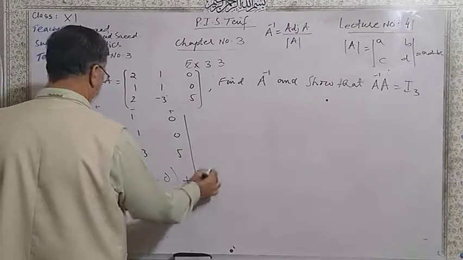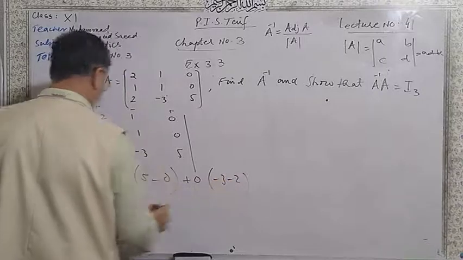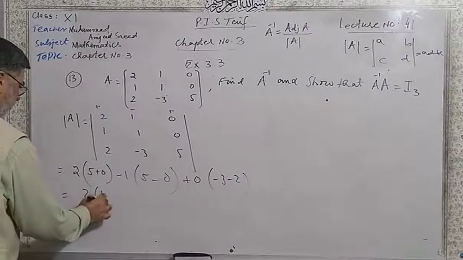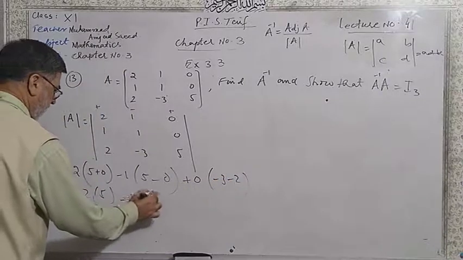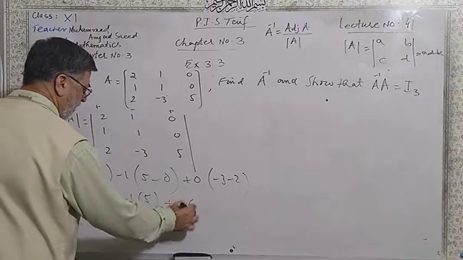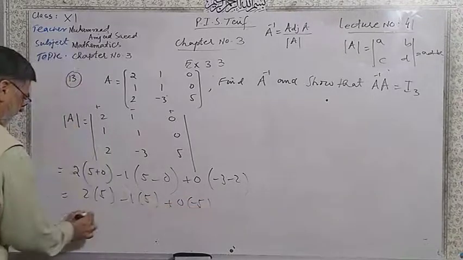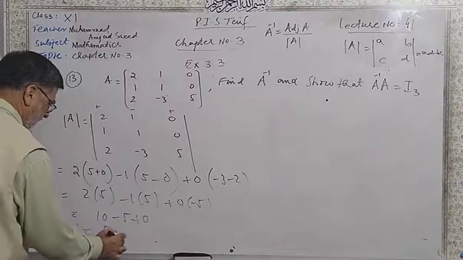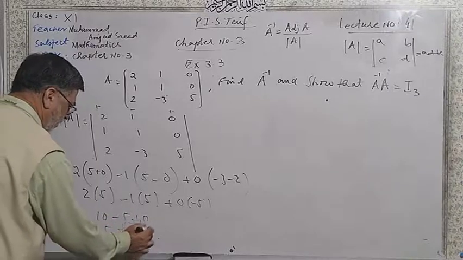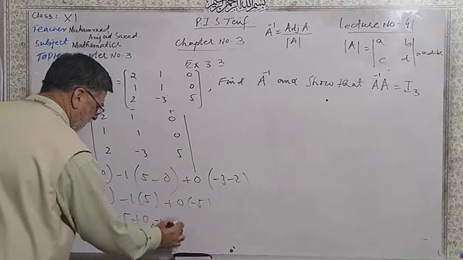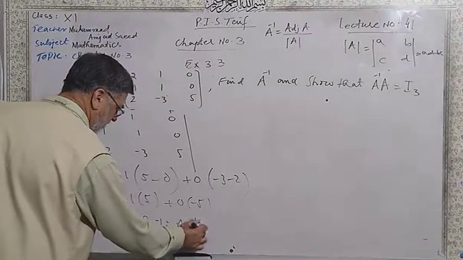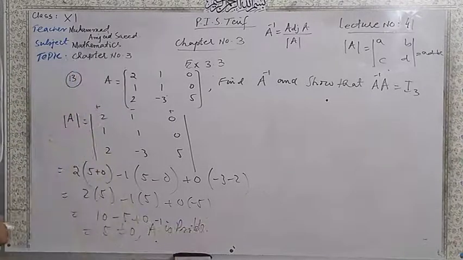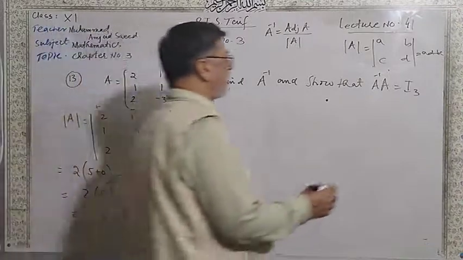Then plus 0 into minus 3 minus 2. That is 2 into 5 minus 1 into 5 plus 0 into minus 5, that is 10 minus 5 plus 0, which is equal to 5. Not equal to 0. So A inverse is possible. A determinant is equal to 5.